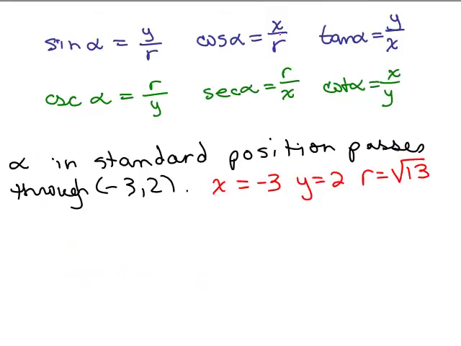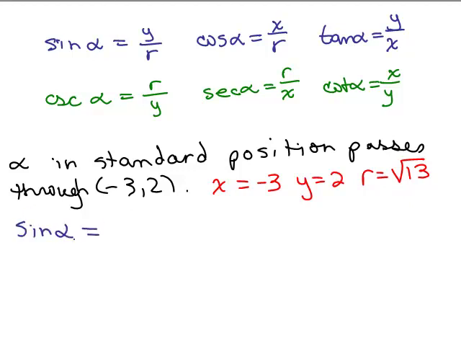All right, so here's the definition, right? If we know the values of x, y, and r, and our problem was that alpha in standard position passed through this ordered pair, -3, 2. And so we have that x is -3, y is 2, r is the square root of 13. So let's go ahead and use these definitions up here.